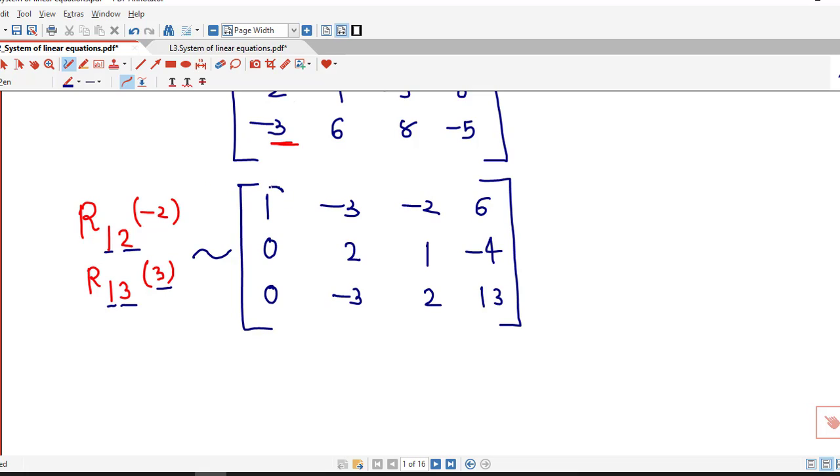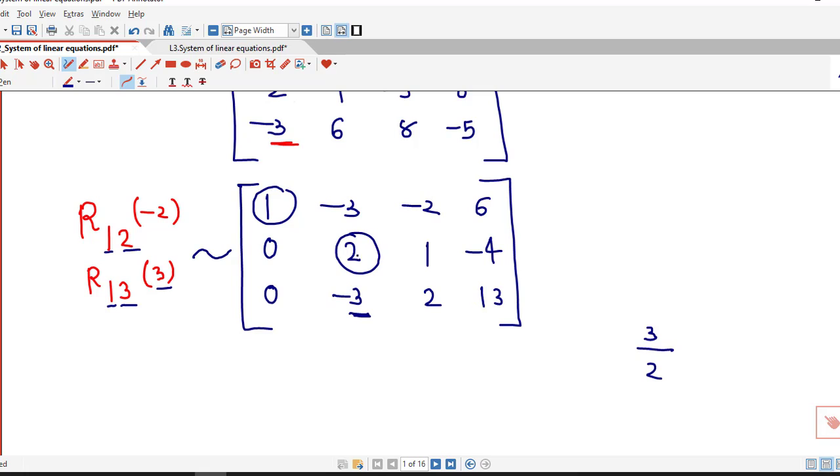So the first non-zero entry of the first row has zeros below that entry. Now we come to the first non-zero entry of the second row. We must make the entry below it 0. To make this entry 0, we have to divide by 2 and multiply by the negative of -3, which is 3 by 2.